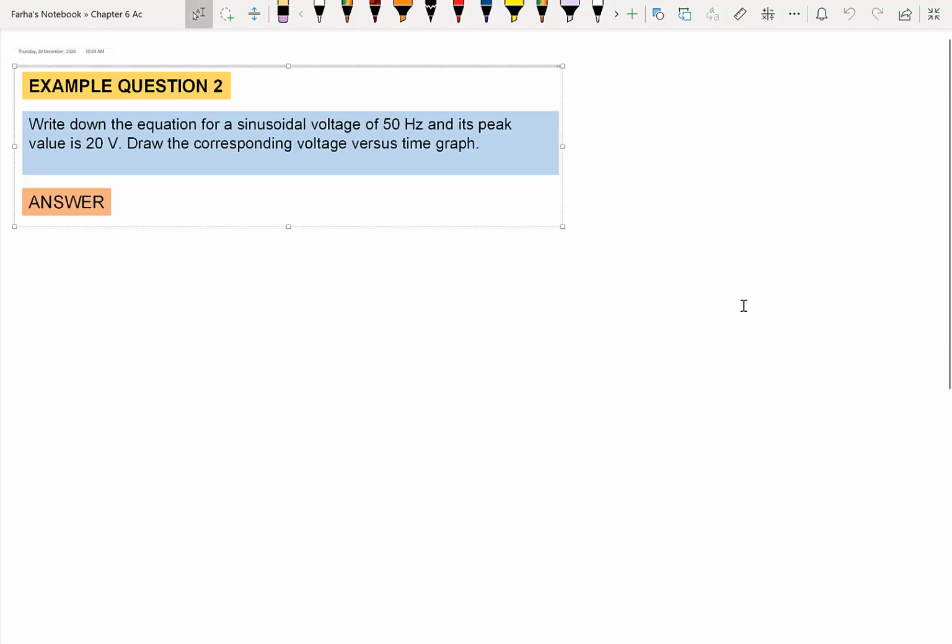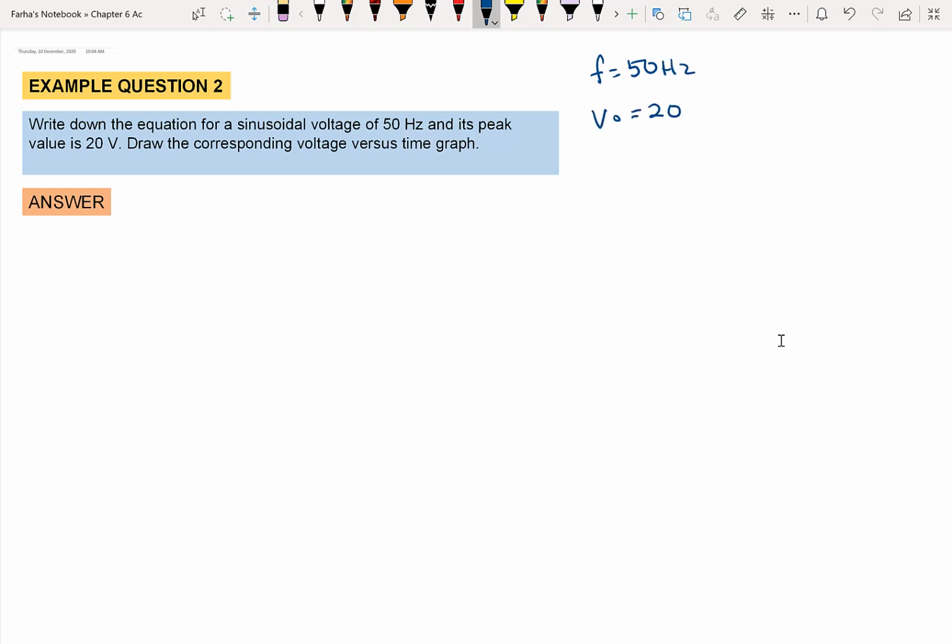Let's move to question number 2. Write down the equation for a sinusoidal voltage of 50 Hz whose peak value is 20 volt. Given that frequency equals 50 Hz and V0 equals 20 volt.